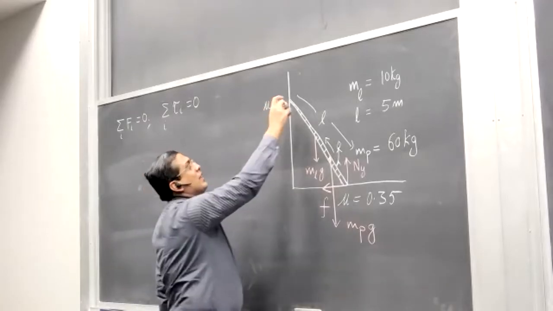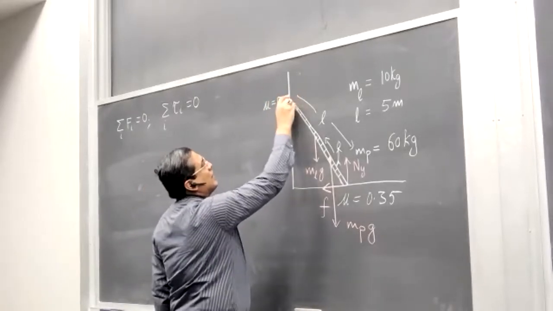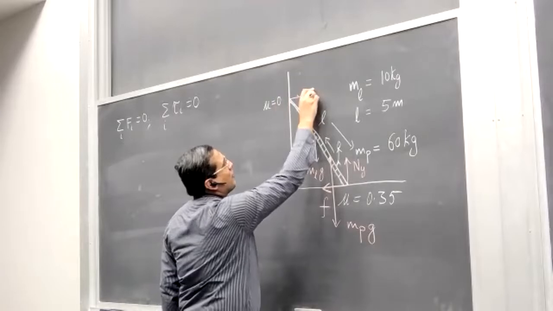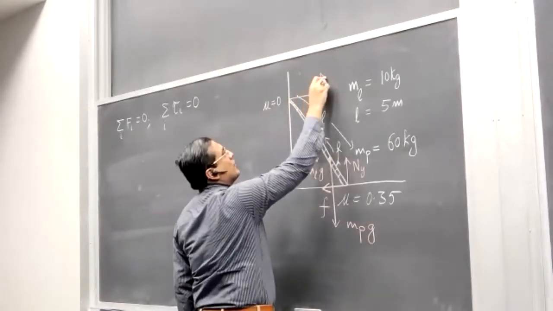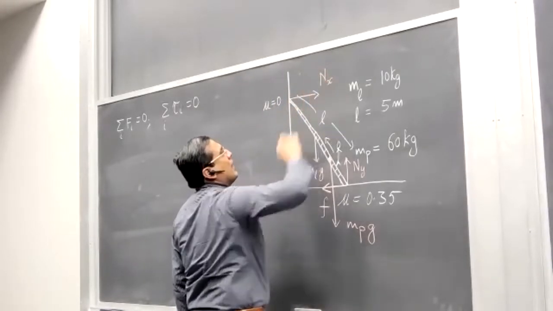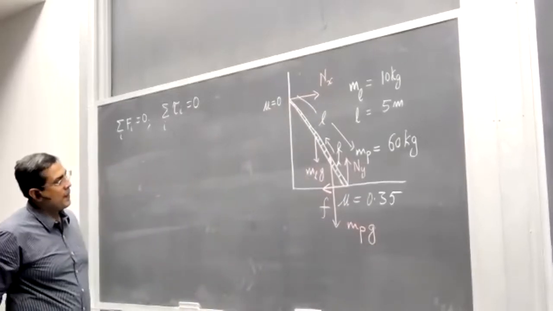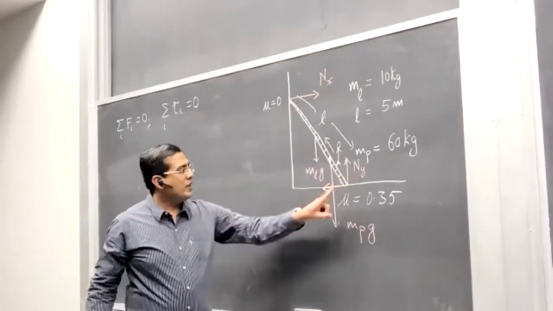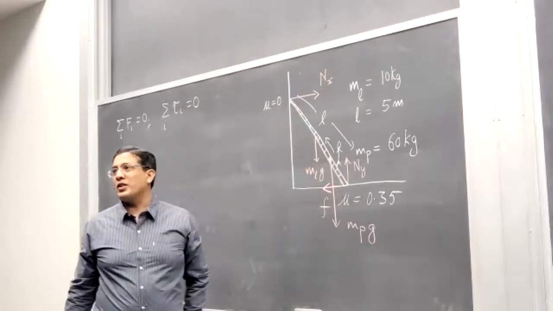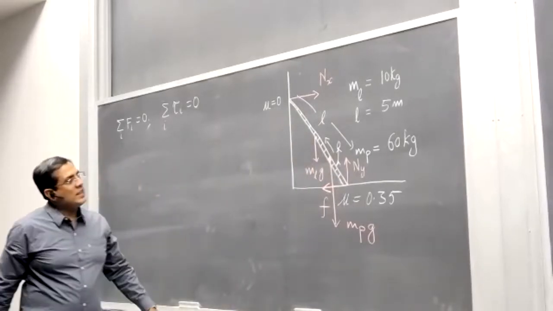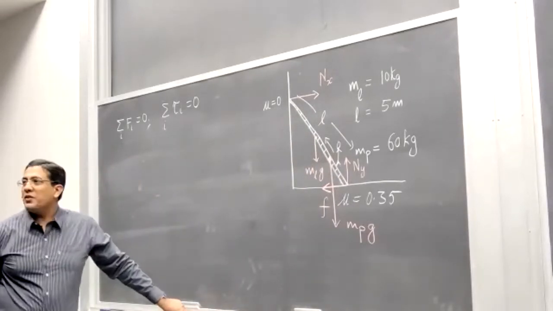All right. And there is a normal force that the wall is exerting on the ladder in this direction. Let's call this NX. Okay. So 1, 2, 3, 4, 5 forces. Do you see any other force that we have not accounted for?